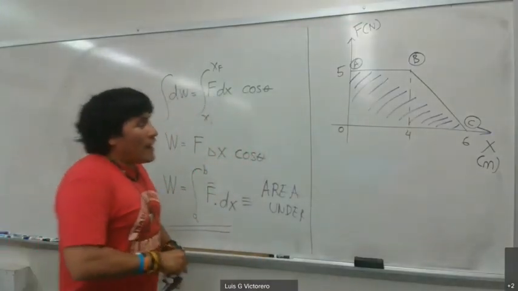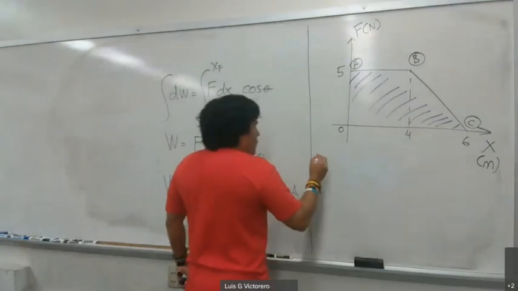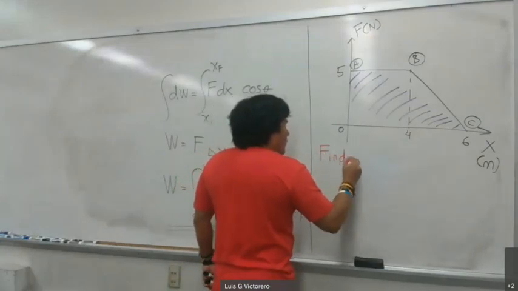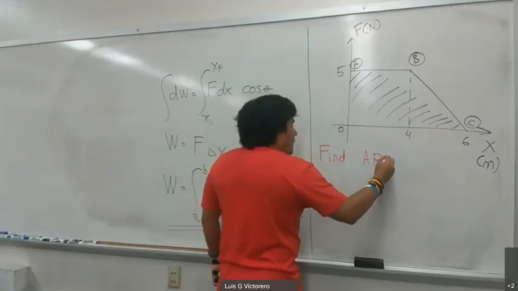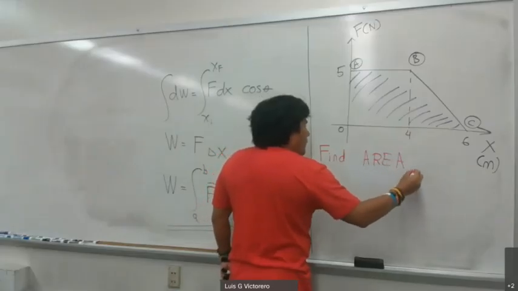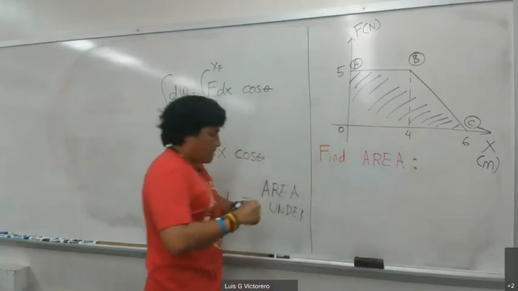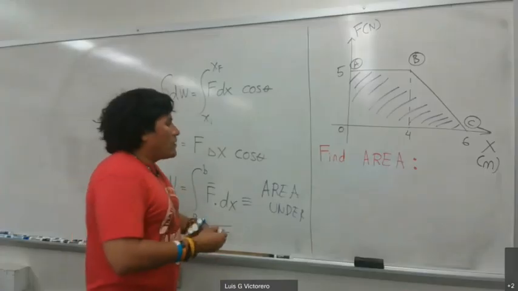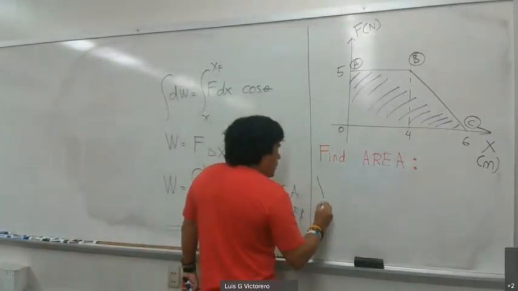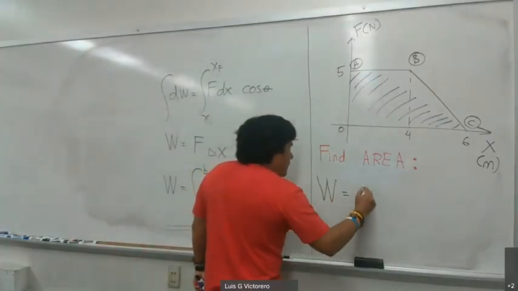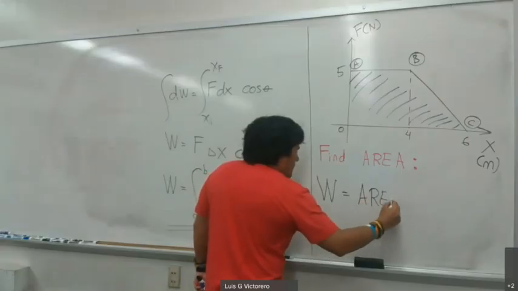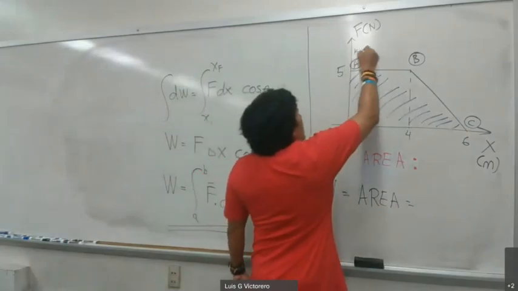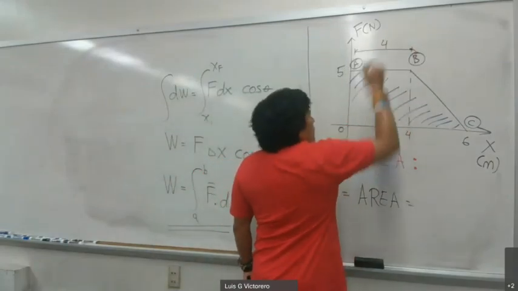So you're just looking for the area. Right? So we need to find the area. That is a trapezoid. What is the area of a trapezoid? So the work will be the area, a scalar. Small base, 4 meters.